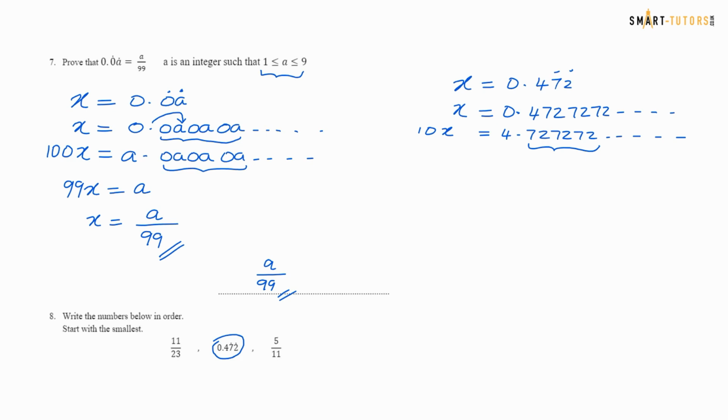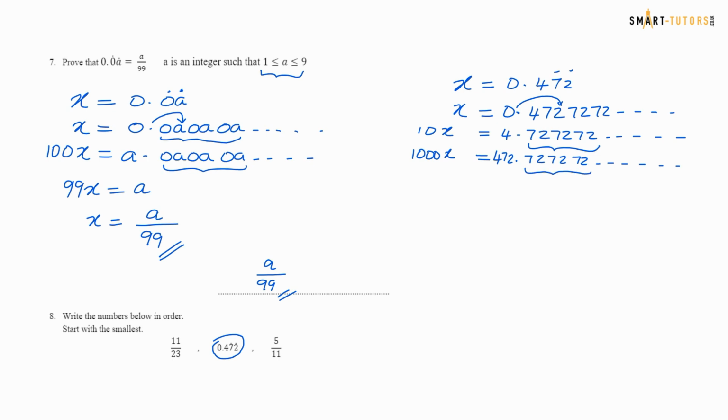If I multiply by 100, that is not going to help me. 100 means 2 decimal jumps. It comes as 2727. So I will go for 1000x. That means 3 jumps, which is 472.727272 and so on. So the decimal part is the same.